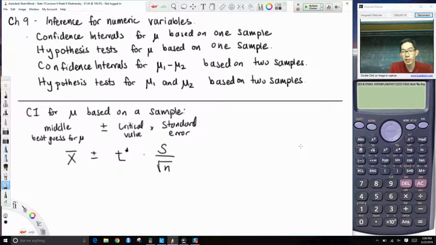We use s because we don't know what sigma is. We don't know the population standard deviation.